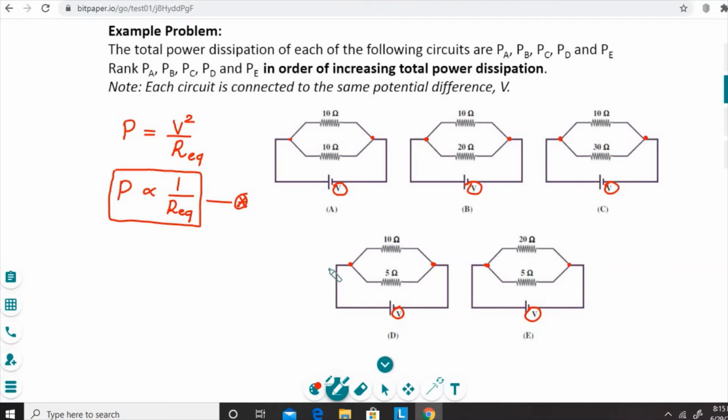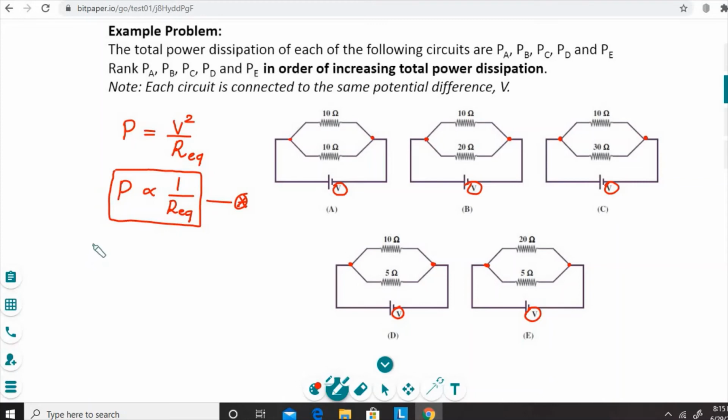The second one is the fact that when two resistors or several resistors are connected in parallel, the equivalent resistance is always less than the smallest resistance in that circuit.